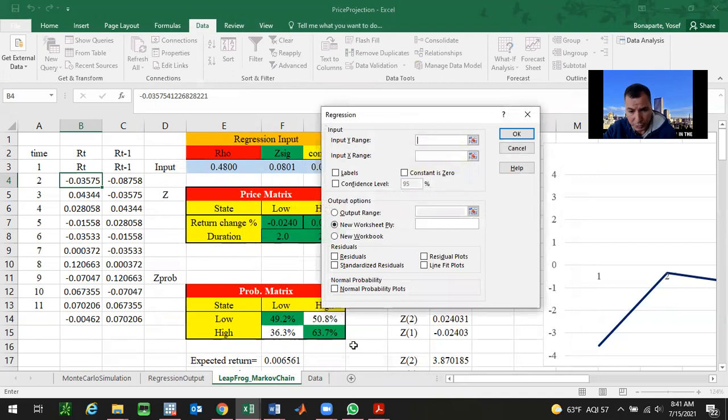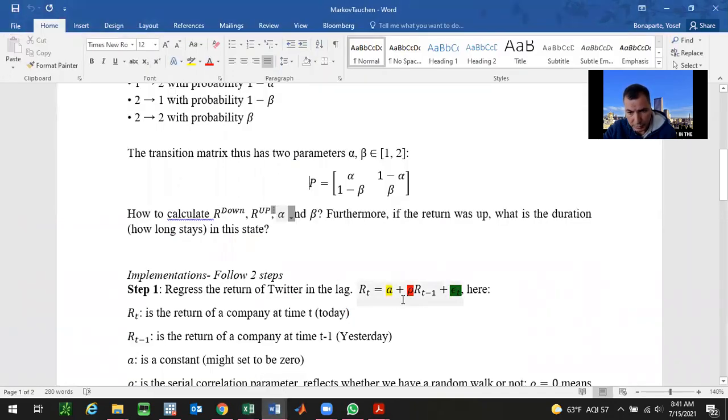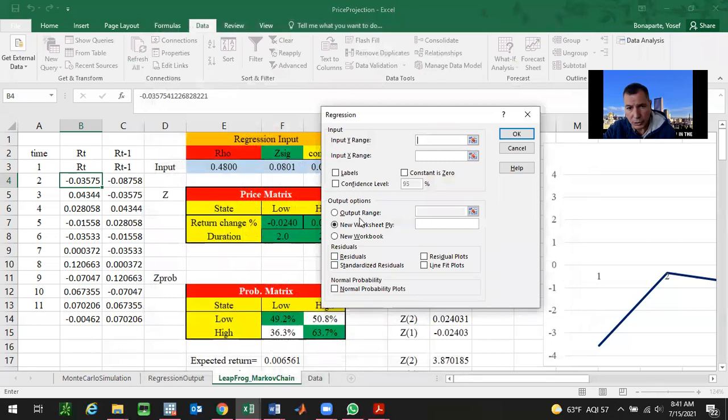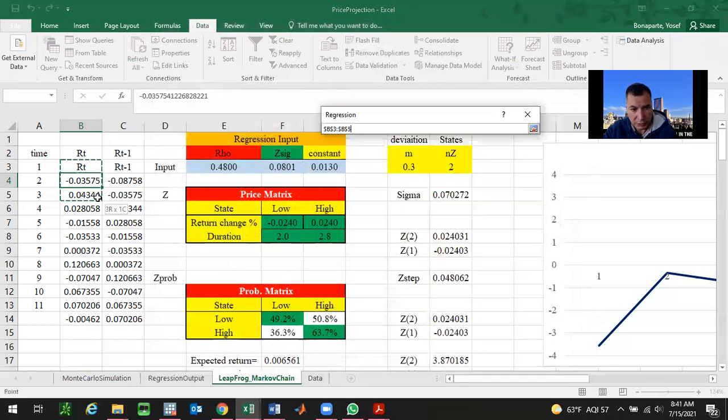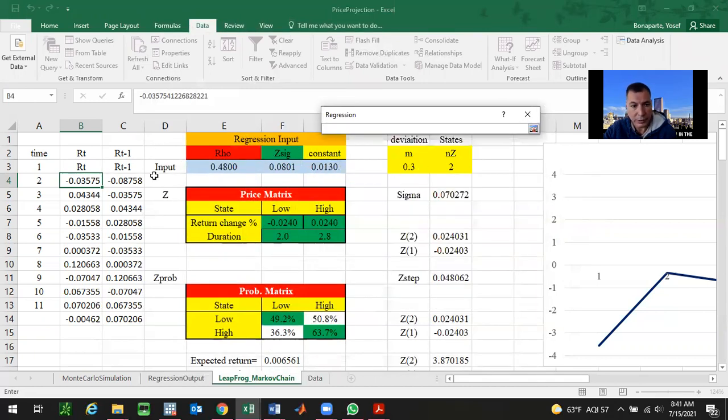And then what is your Y? Here's the Y, and that's your X. You have one X and one Y. So the Y is RT. You see, I added RT here. And then I have to check labels because I added the first one. And the X is this.